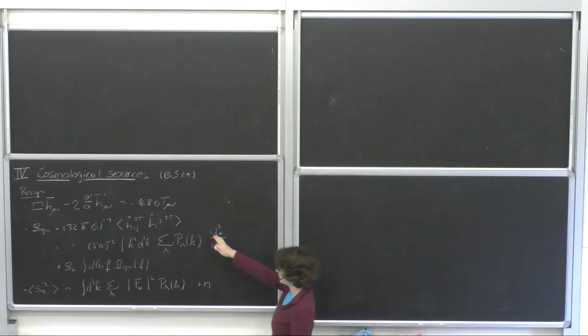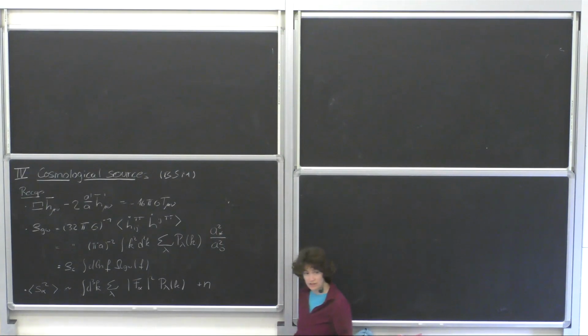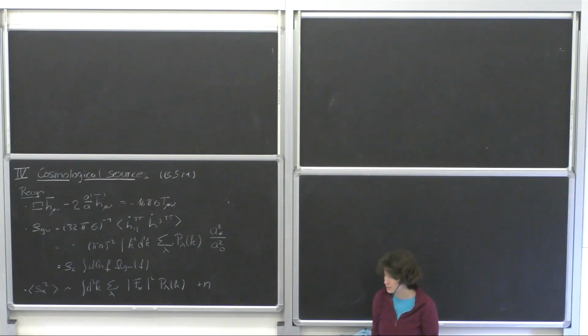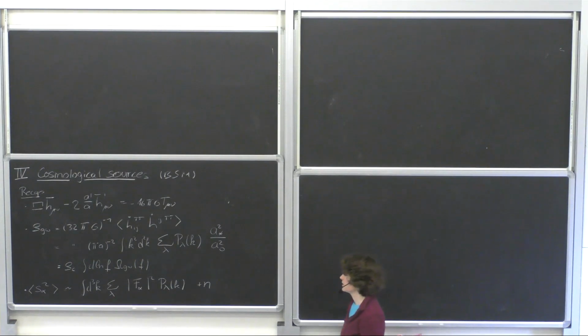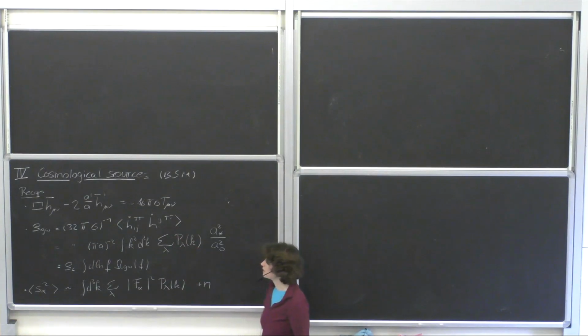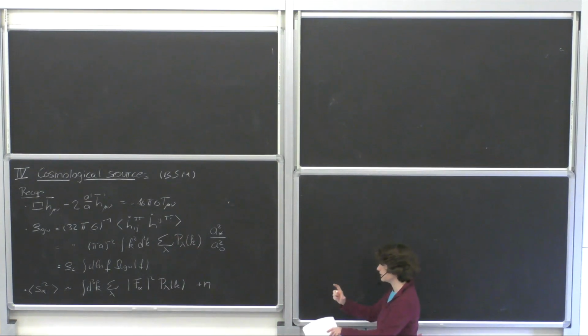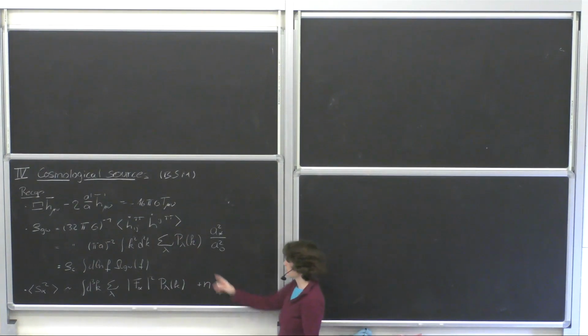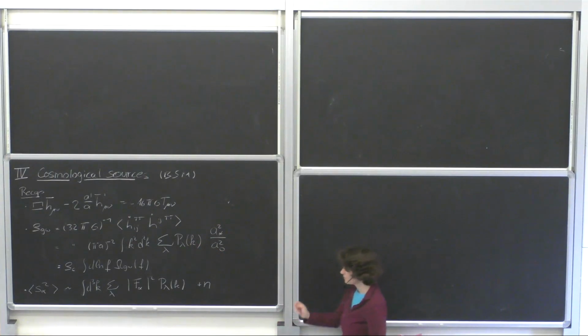Then we discussed at length the energy density in gravitational waves, and that will become important again today. We derived that we can get it from the average over the first derivative of the two-point function of the gravitational wave.